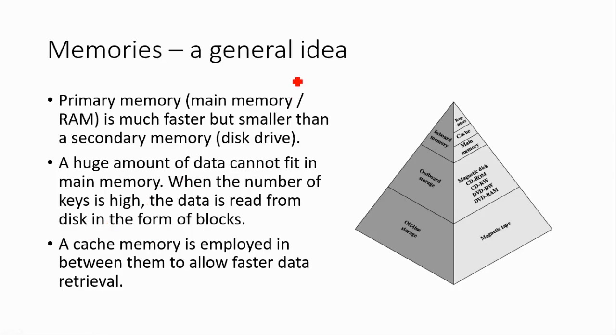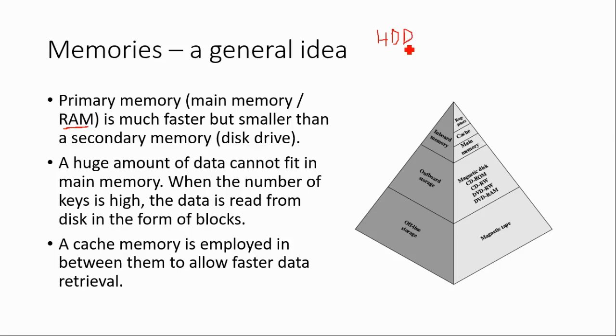But you can get a brief idea of the memory hierarchy. It means that we have different types of memories available, such as primary memory and secondary memory. The primary memory is the RAM, which is what we know as RAM, and the secondary memory is what we use as the popular hard disk drive, or recently solid state drives have also come into action.